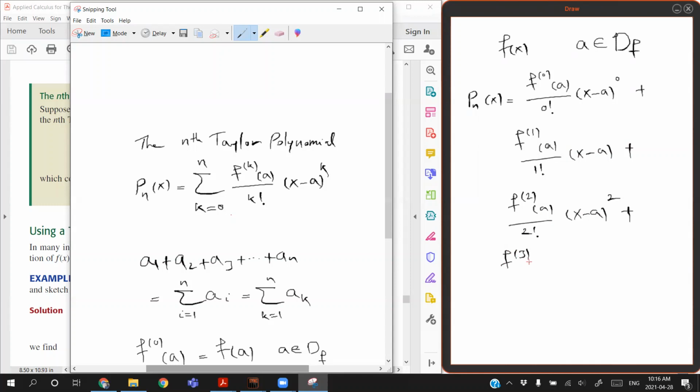So the third derivative of the function at a over 3 factorial times (x minus a) to the power of 3. So up to this point I have a polynomial of degree 0. Here I have a polynomial of degree 1. Here I have a polynomial of degree 3. And I can keep doing that until I have a polynomial of degree n.